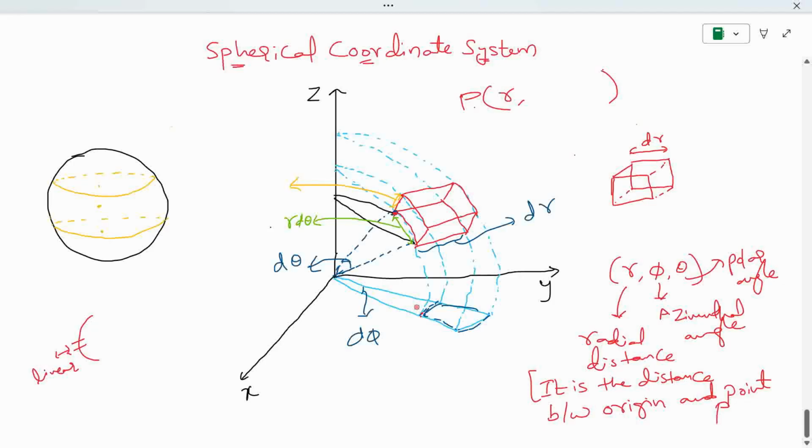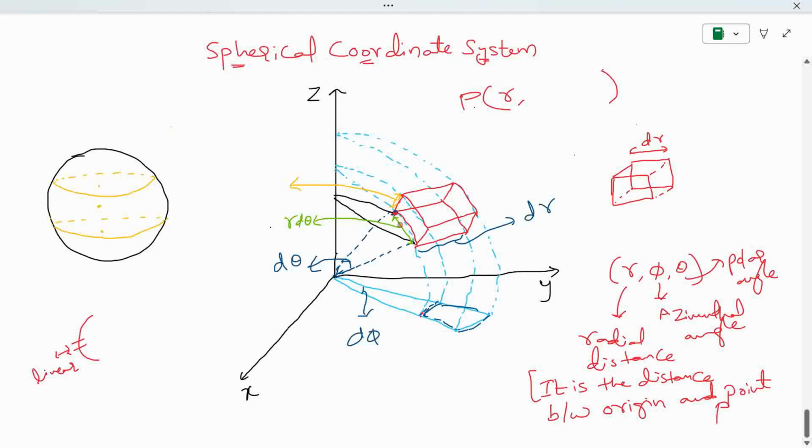That means that suppose P is at a distance r. Please remember that r is not the radius of any sphere here. r is just the distance from the origin to the point P. Please keep in mind that r is not a radius here. It is just the radial distance, from the origin to point P, whichever we are considering in the spherical coordinate system.